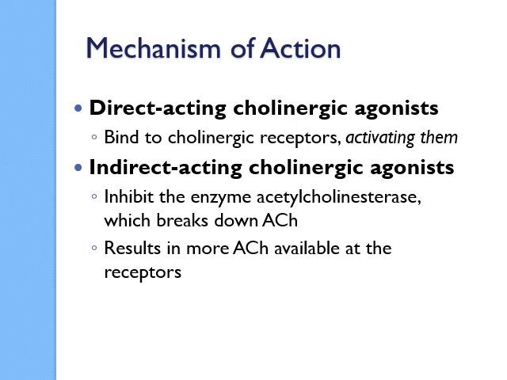The mechanism of action is they are direct acting or indirect acting. So for direct acting, they bind to cholinergic receptors and they activate them. In indirect, they inhibit the enzyme cholinesterase, which breaks down ACH, resulting in more ACH available at the receptors.